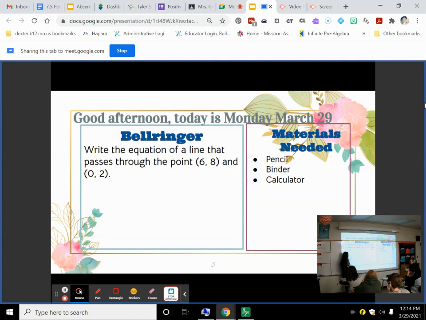All right, so the slope is 1, and if you graph the point 0, 2, and 6, 8, and draw your line, look at your graph there. Is it crossing through the y-axis at the 2? Yeah, so that would be correct. Y equals 1x plus 2, or just, when you type it in the big ideas or into a test, you would just want to type in y equals x plus 2.